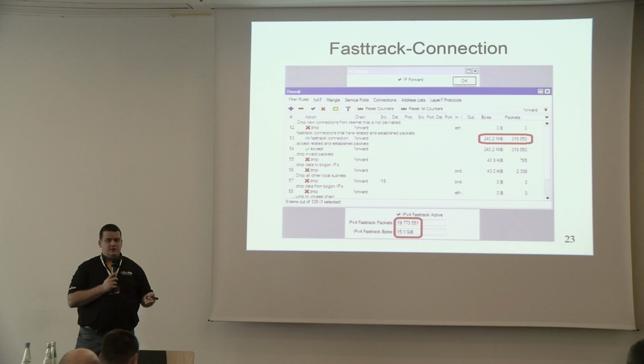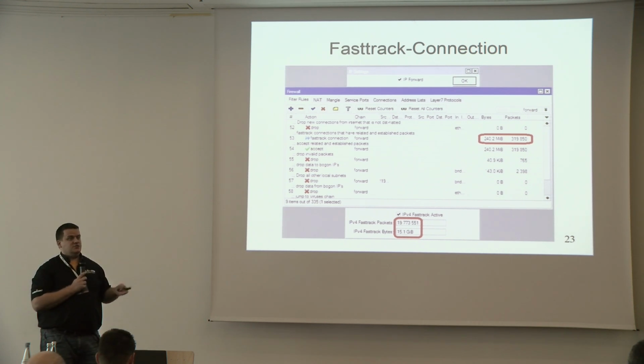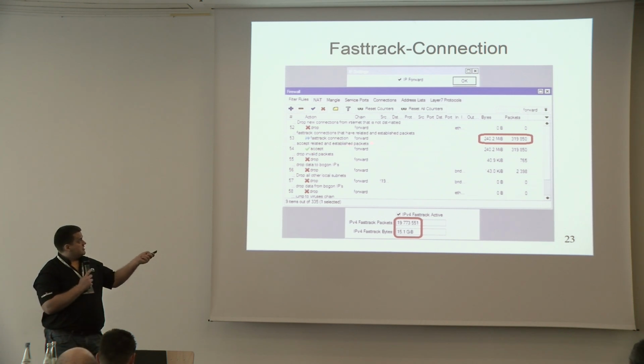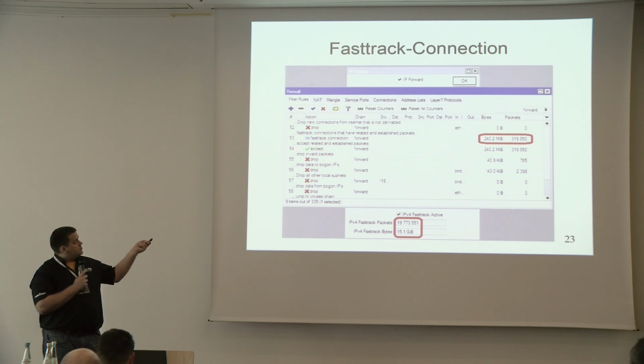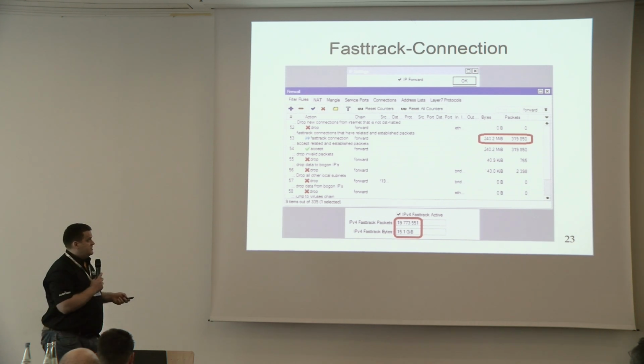Most firewalls nowadays, except deep packet inspection, are usually based on this connection state new checking. And before, you usually just accepted that traffic. Now you can fast track all the connections that have reached established and related state.